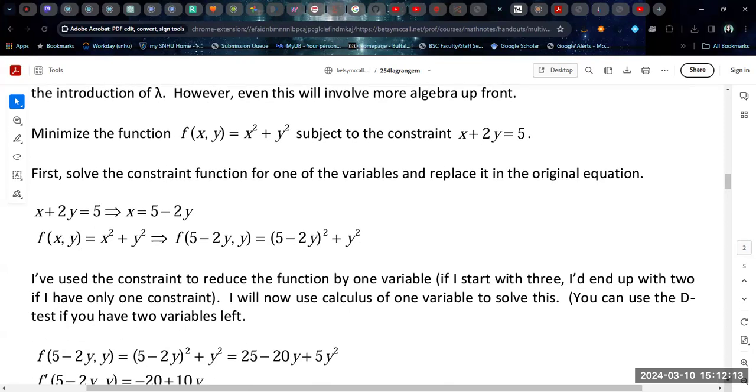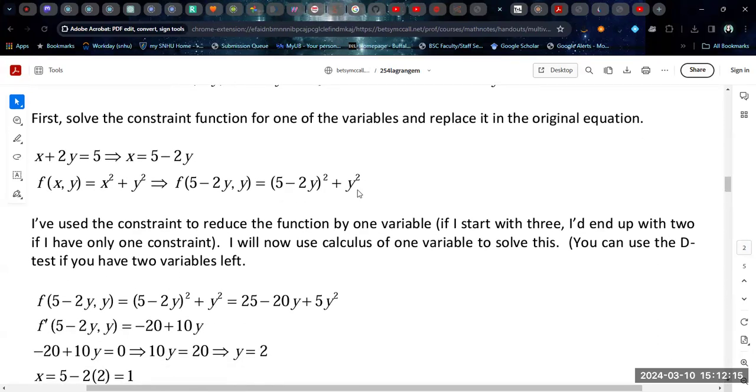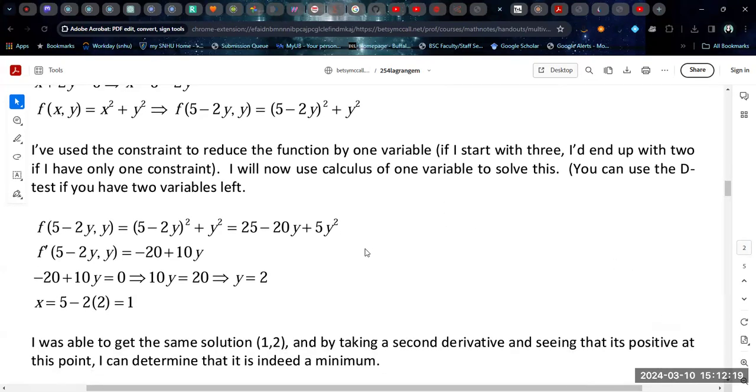And now I have a 1 variable problem. My z is in terms of y alone. I can FOIL this out. I can take my first derivative, and you'll see that you can, in fact, get exactly the same solution. You get y is equal to 2, and when you substitute y equals 2 into this relationship that we found, you get x equals 1. And we can also see that, in fact, it is a minimum.